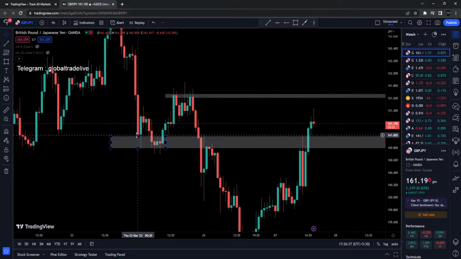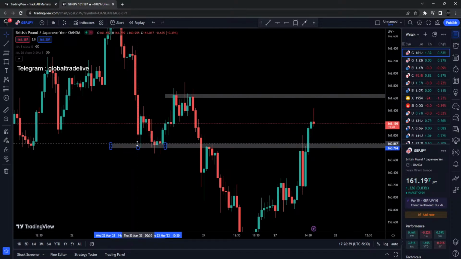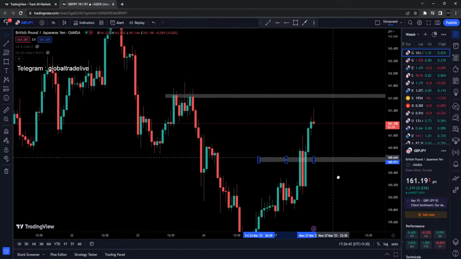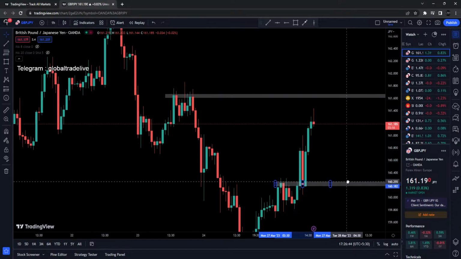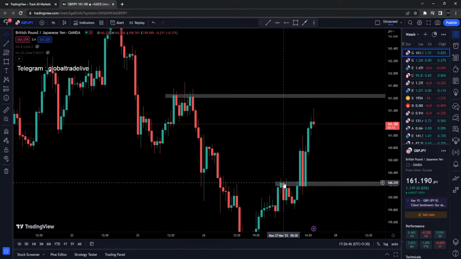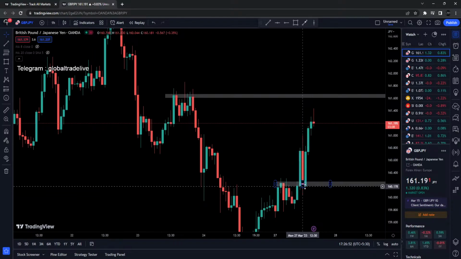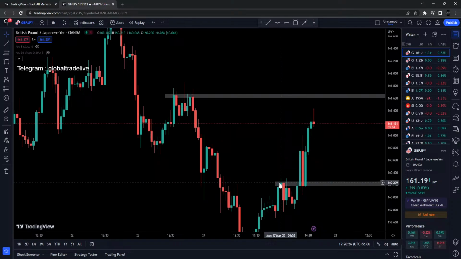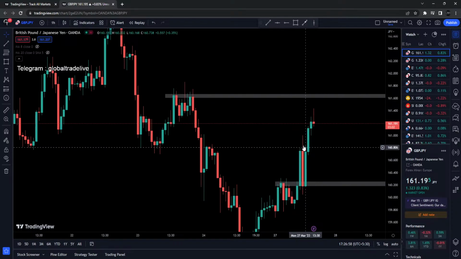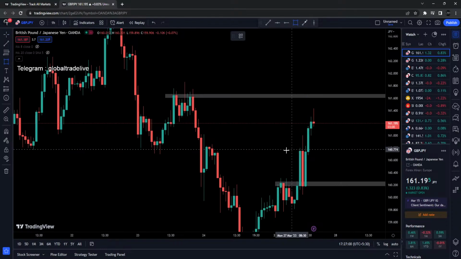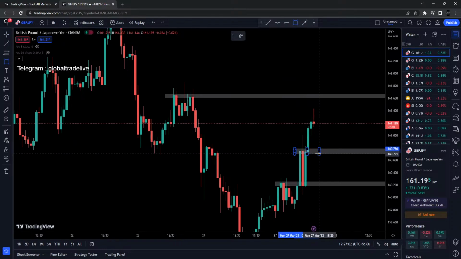If we talk about the support areas, let's squeeze it a little bit and look at the market. There was a higher high which was created earlier, and then a lower high. After that it broke above, and then another support was formed over here on the same level of support it created earlier. So that means this was a resistance formation at this point, right?